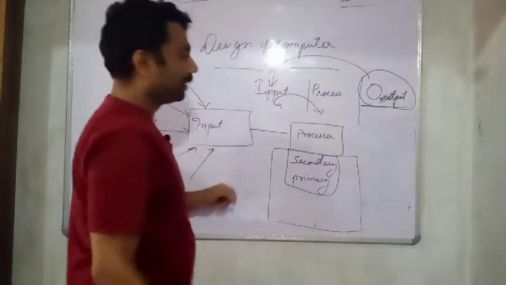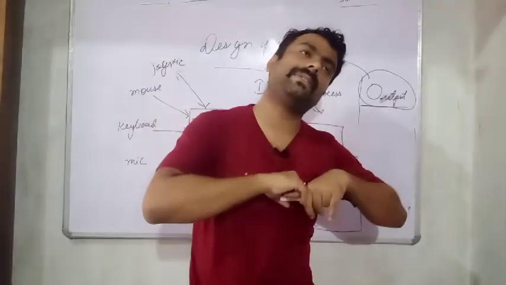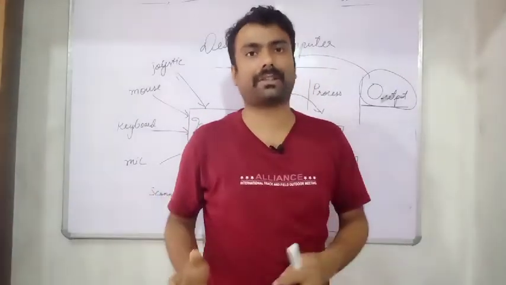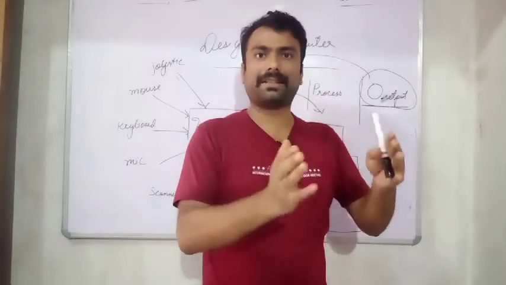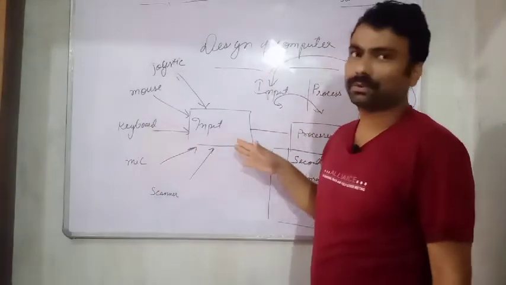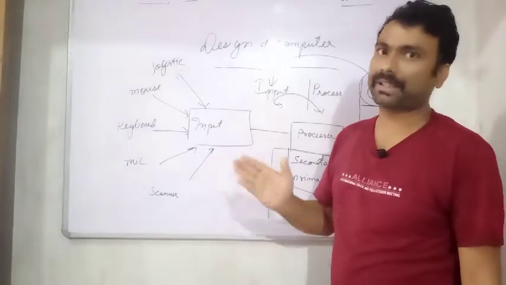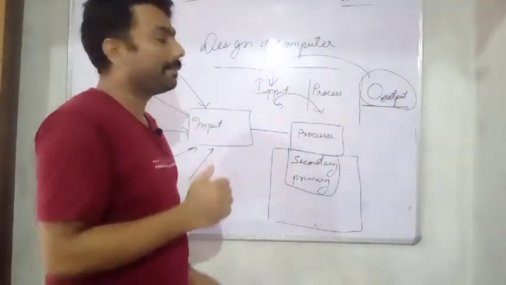When any instruction goes to the computer, we don't give it randomly, each and every instruction going and just starting to perform. Step by step, all instructions from these devices go into the process, turn by turn. While going, it comes to the primary memory.